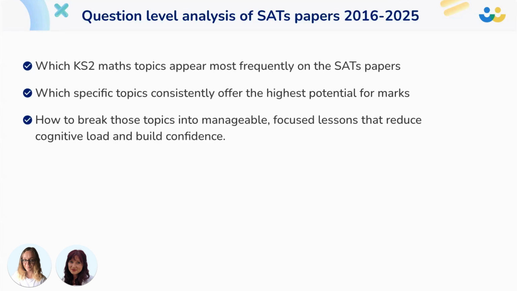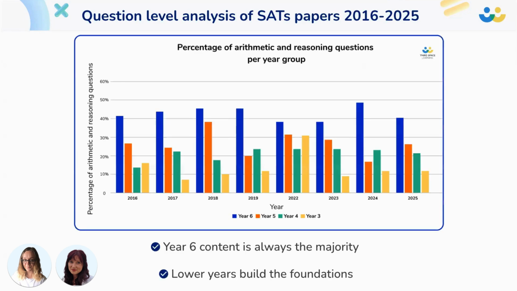So to start us off today, Terry is going to walk us through how Key Stage 2 content typically appears in the SATs papers and what that means for planning focused, high-impact revision. Sure. If we just have a look at this graph here, what we see generally year on year is that Year 6 content is always going to make up the majority of the paper.